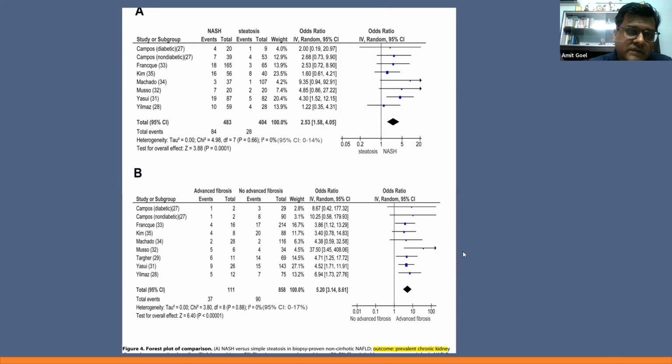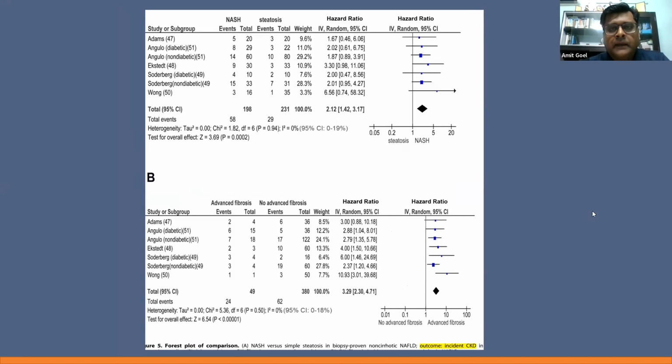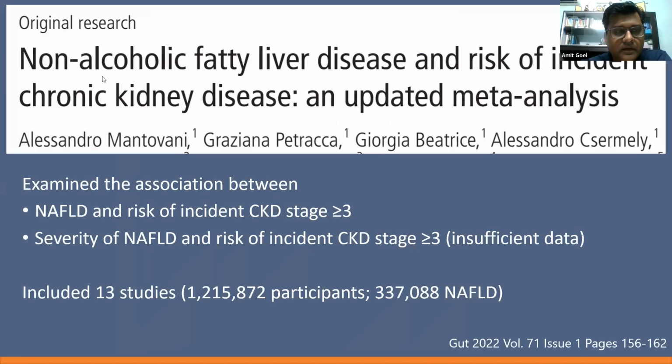All these subgroup analyses support biological gradients between the cause and effect. Here, the same data for incidence of chronic kidney disease that was shown for prevalence. So we can say that fatty liver disease seems to be associated with chronic kidney disease.